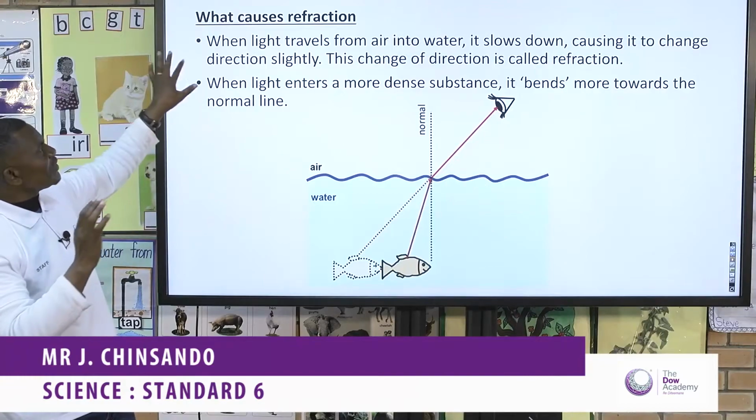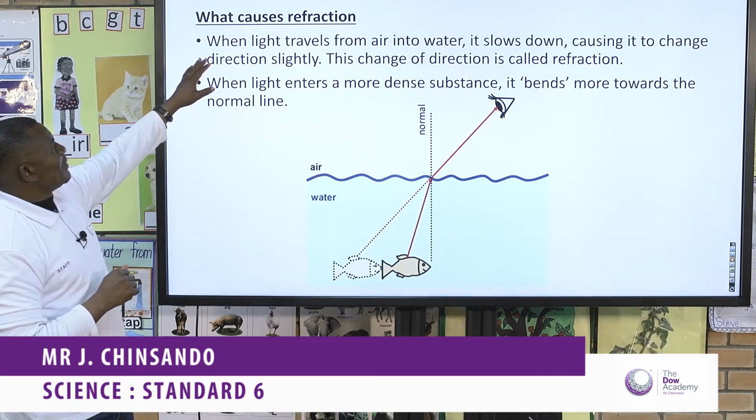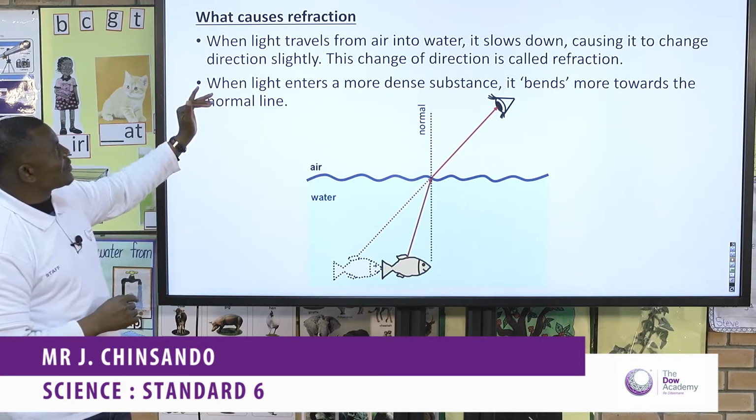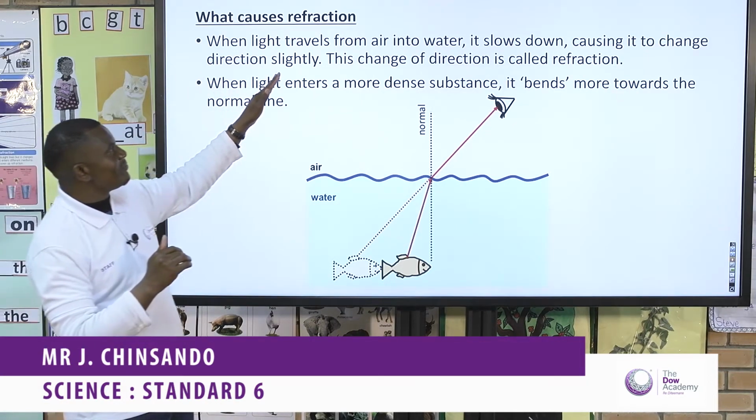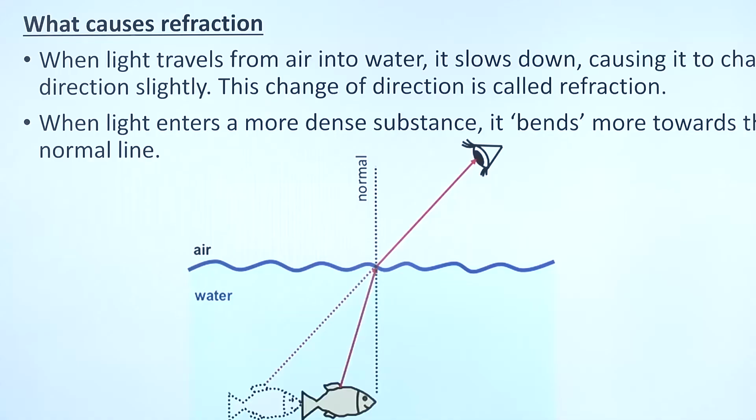Boys and girls, what causes refraction? Refraction is caused when light travels from air into water and it slows down. You know, light travels at a certain speed. So when it enters water, it slows down, and this slowing down causes the light to bend.